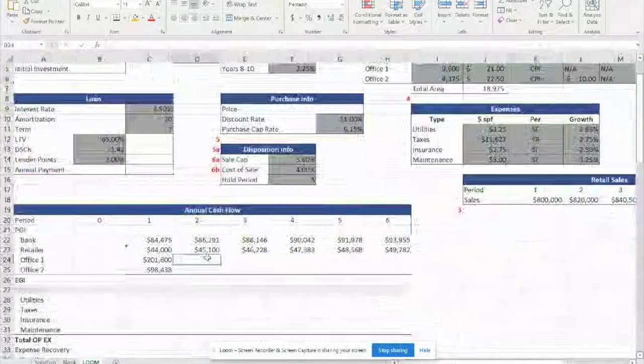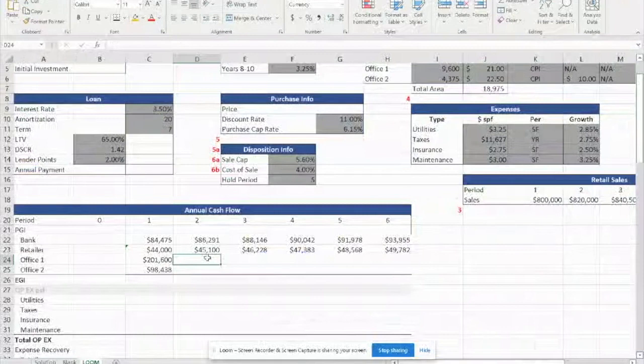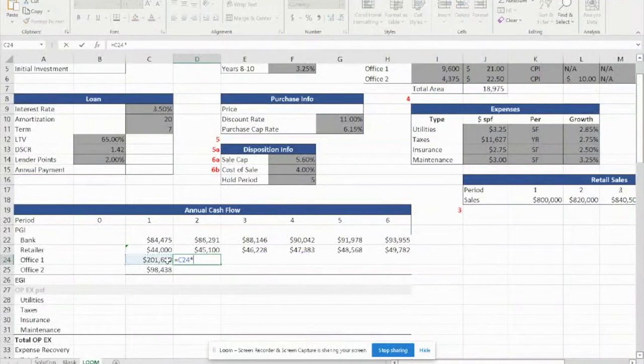To do that, we're going to do something similar to the basic growth rate. We're going to say that it's equal to the previous year times, open parentheses, 1 plus IF.